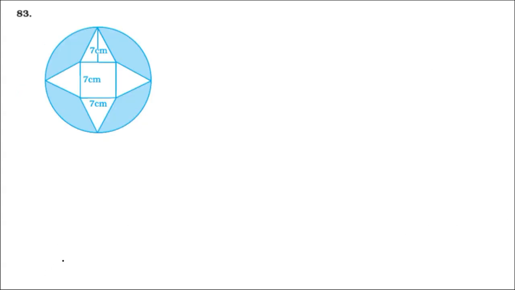Question number 83. We need to find area of the shaded portion. Here when you observe, there are 4 triangles and there is one square inside. From this circle's area, if you are subtracting area of the 4 triangles and area of square, we will be getting area of the shaded portion.